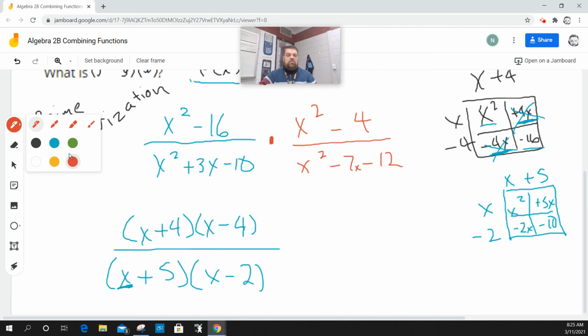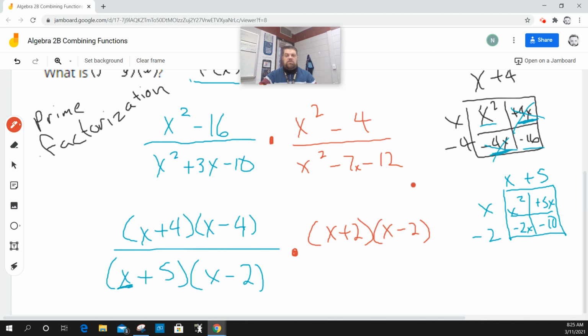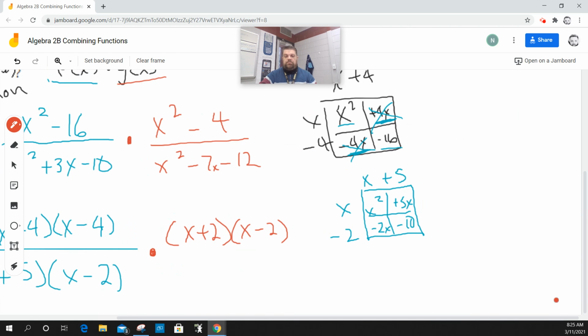So now, on my next fraction, x squared minus 4 is what we call a difference of squares, so that factors into x plus 2 times the quantity x minus 2, right? And we can double check that as well.